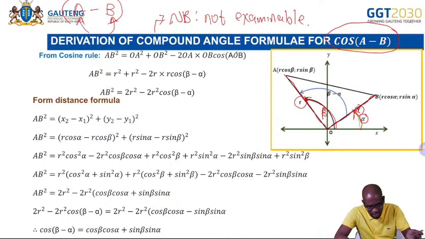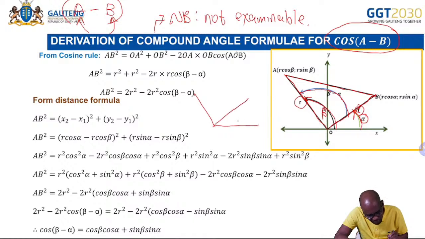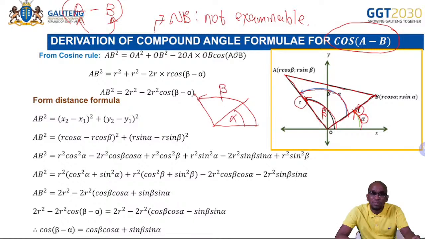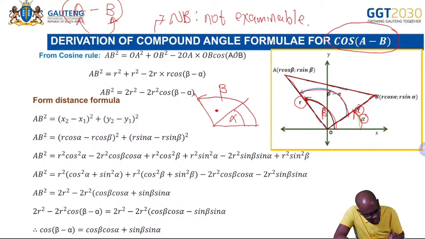And then from there, if we are to join the two, we are forming a triangle, and we want to find this interior angle of that particular triangle, which is an angle made up of alpha as well as beta, like that. So if you check, this particular angle is the one that we want.